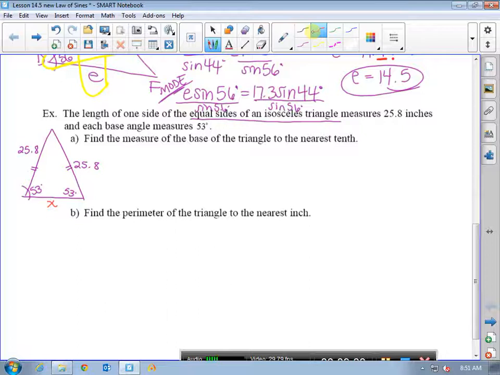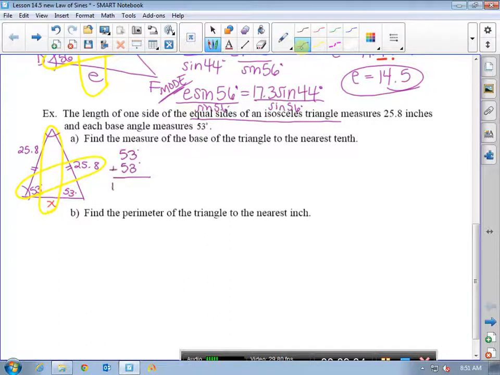So let's see, we need a side across from an angle, side across from an angle. I definitely have a side across from an angle, but for this side I don't have this angle. So the first thing we need to do is find this angle up here at the top, the vertex angle. We know that the angles of a triangle should add up to 180.